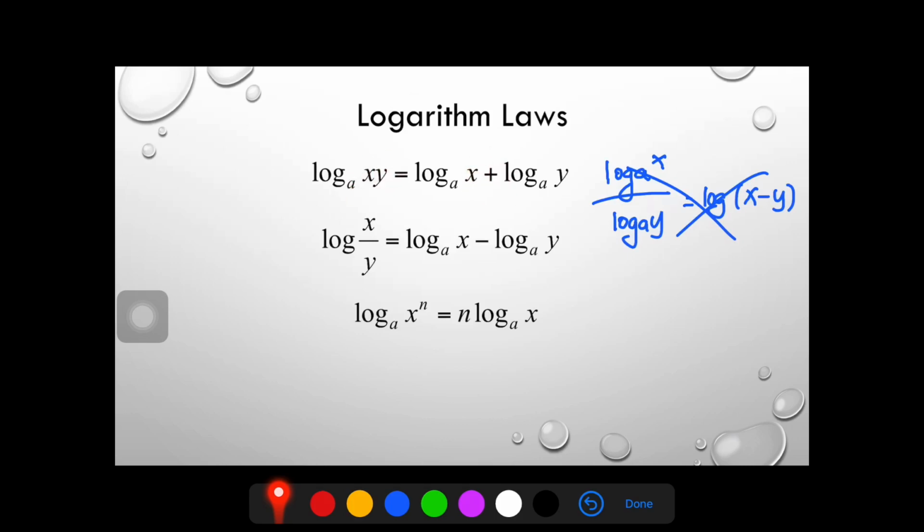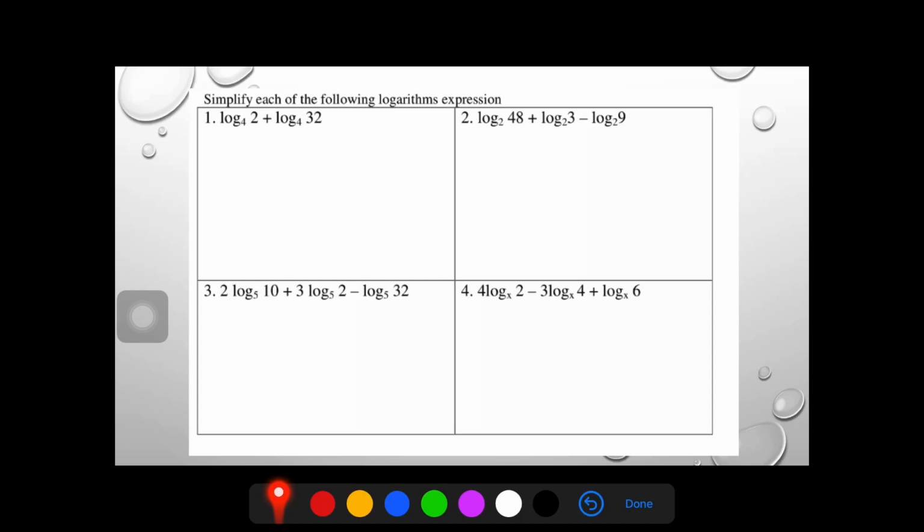So I can combine it together, still log base 4, and the numbers will become 2 multiplied with 32. So the answer will be log base 4 of 64. Okay, this is the first one.